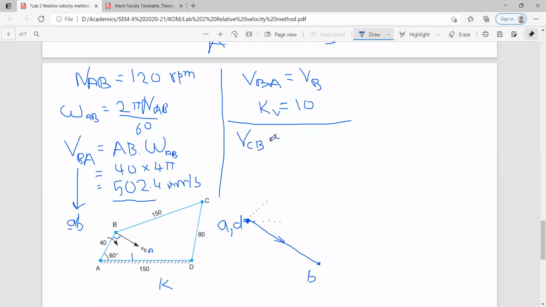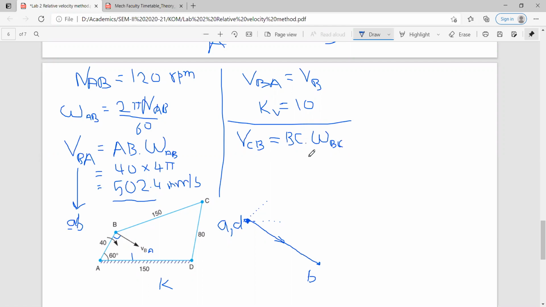Now you tell me what will be the formula for this velocity of C with respect to B? क्या formula बनेगा? अभी किसका फाइंड आउट करना है हमें वेलोसिटी? पॉइंट C का विद रिस्पेक्ट टू B. ओके. रेडियस क्या होगा? Radius will be BC. Yes, the distance between these 2 points. Omega, angular velocity of link BC. Yes.